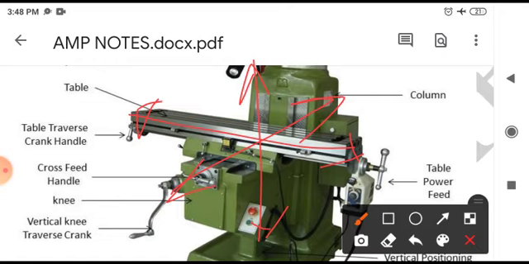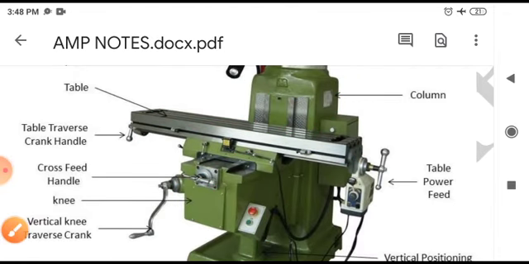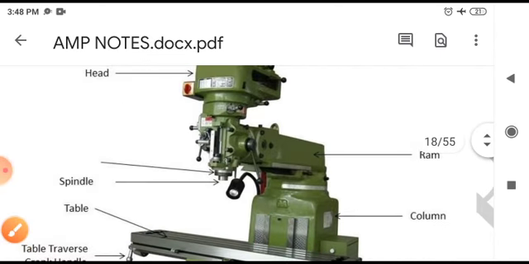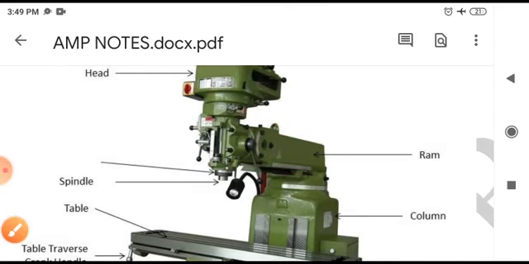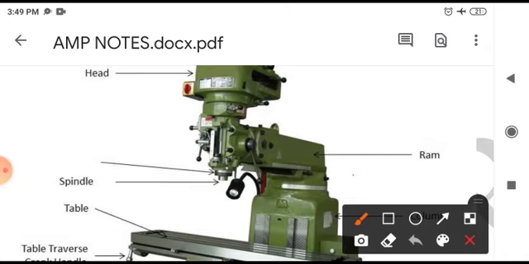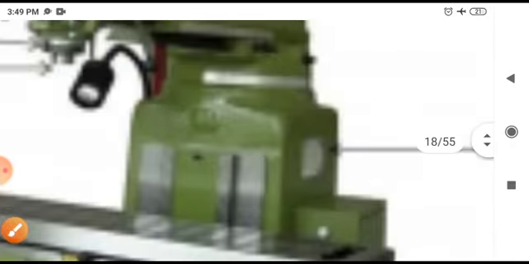Now next, we have already discussed that sometimes this whole arrangement, this arm or ram, is of the swiveling type. Here you can see the scale. Let me zoom in some more.